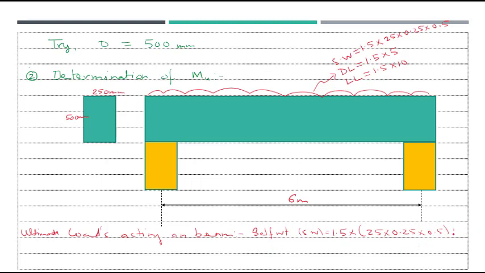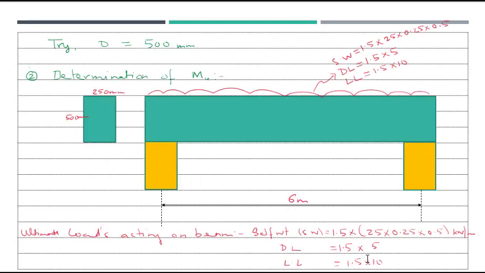Then it will be in kilonewton per meter. Then we have dead load. Again, partial factor of safety of load 1.5 into 5, and then we have live load, which is 1.5 into 10.